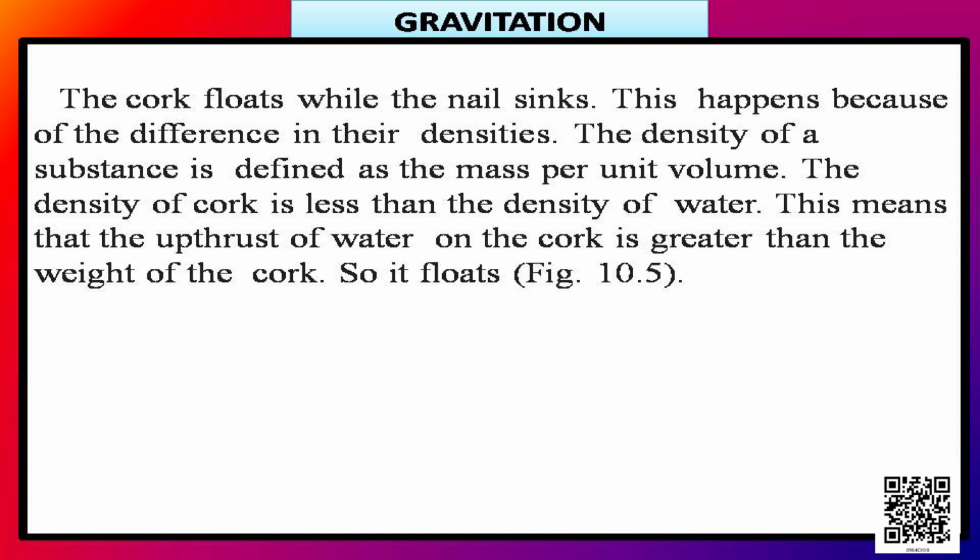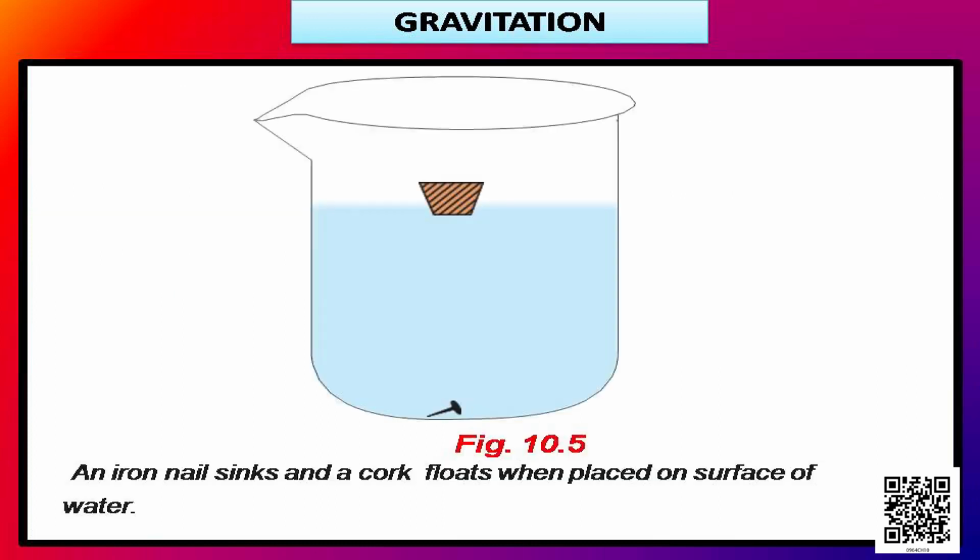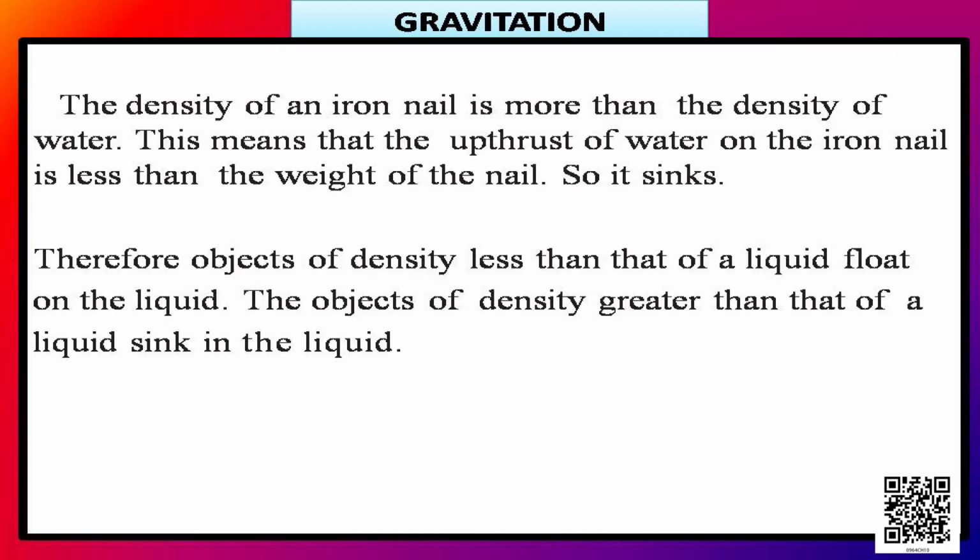The density of cork is less than the density of water. This means that the upthrust of water on the cork is greater than the weight of the cork. So, it floats, as you can see in figure 10.5. The density of an iron nail is more than the density of water.